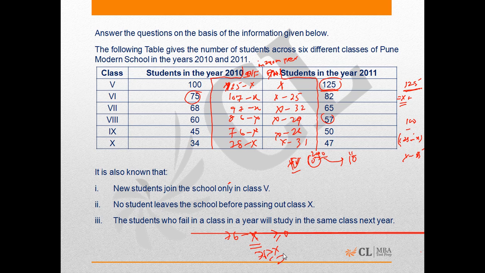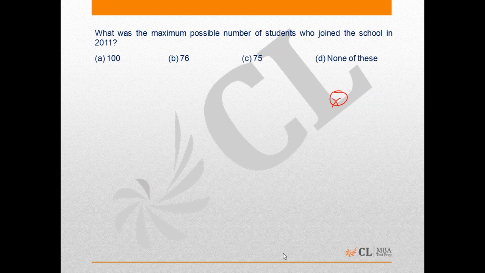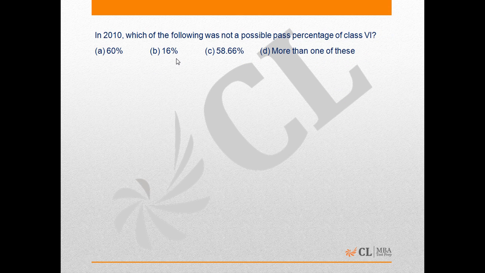Therefore the maximum number of students who could join the class 5th in 2011 was 76. Hence option B is the correct answer.